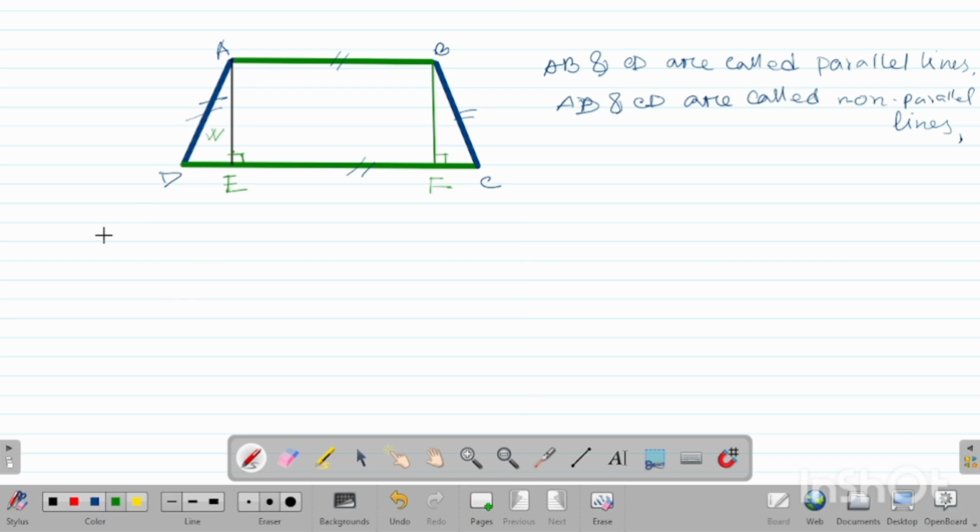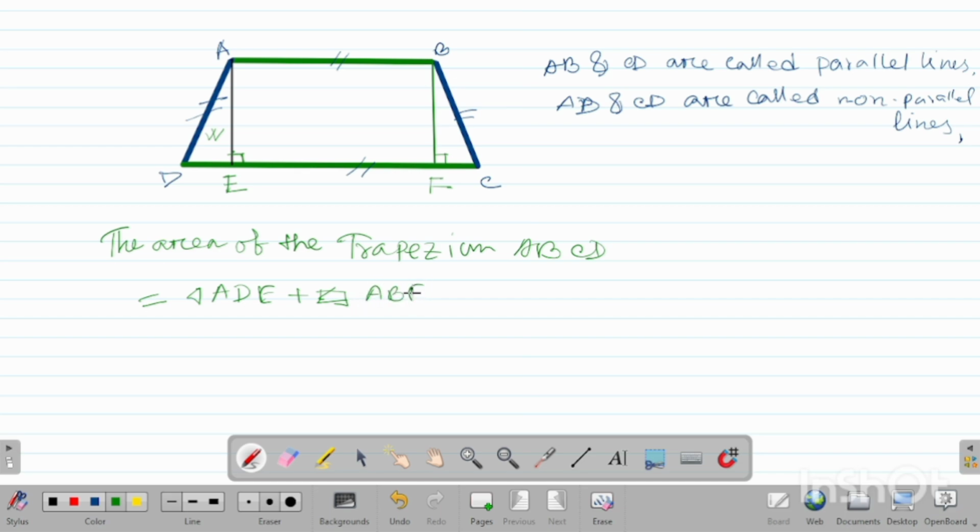The area of the trapezium ABCD is equal to the area of triangle ADE plus quadrilateral ABFE plus the area of the triangle BFC.